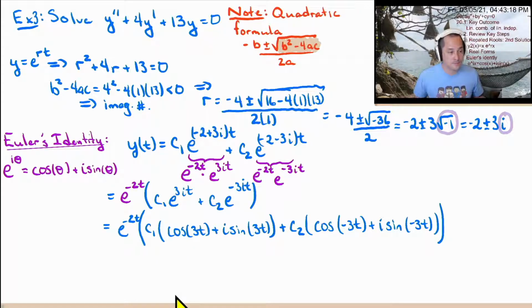So I use Euler's formula to blow those into bits so that now they're in their cosine sine form.